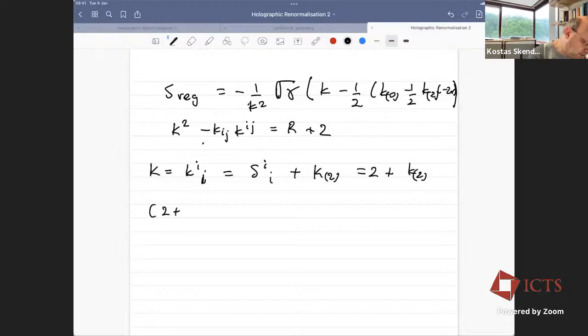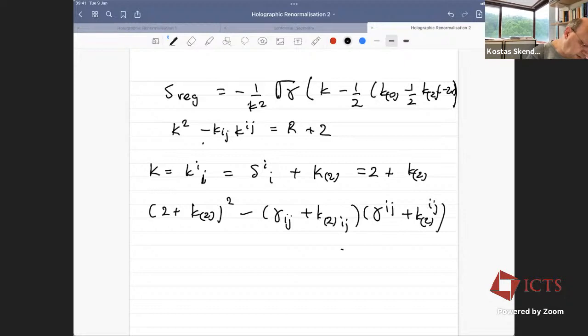So this is 2 plus K2 squared, and then minus gamma^ij K_ij, this should be equal to 2 plus R from here. And now I expand and keep terms of the right dimension.